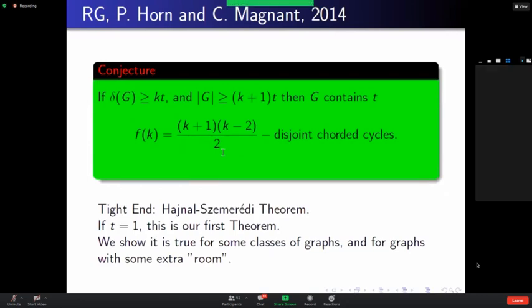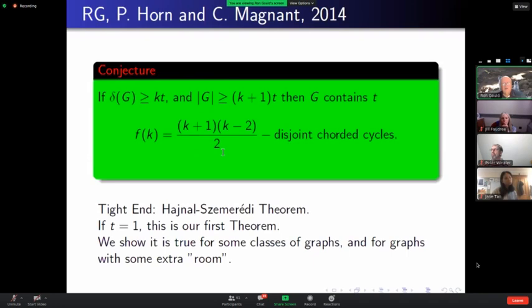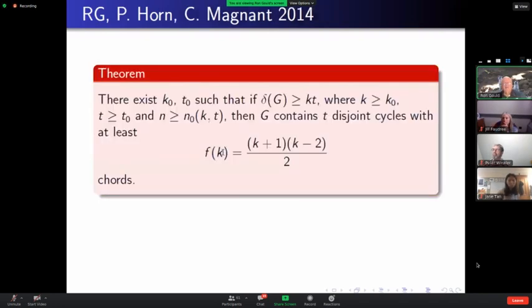So we show it's true for some classes of graphs and for graphs with some extra room with this theorem. There exists a k sub 0 and a t sub 0, such that if the min degree is what we asked for, and k is at least k0 and t is at least t0, and n is big enough, a function that depends on k and t, then G contains t disjoint cycles with at least f of k chords.